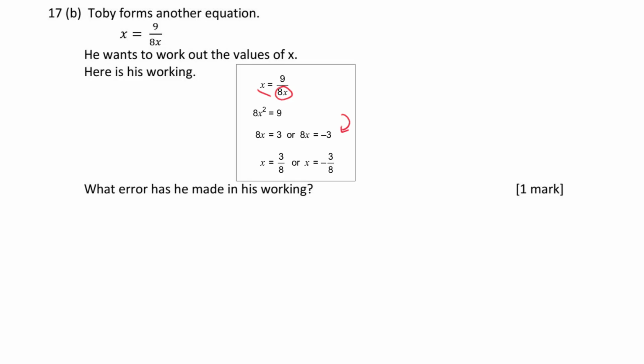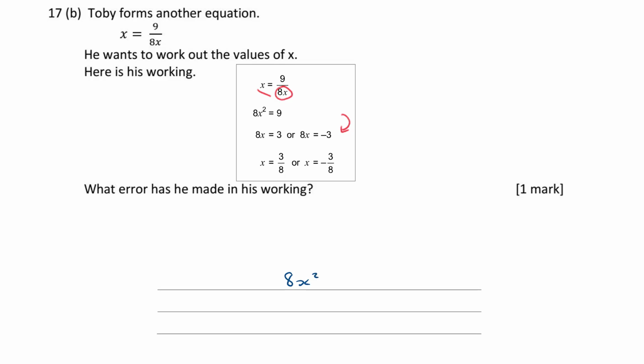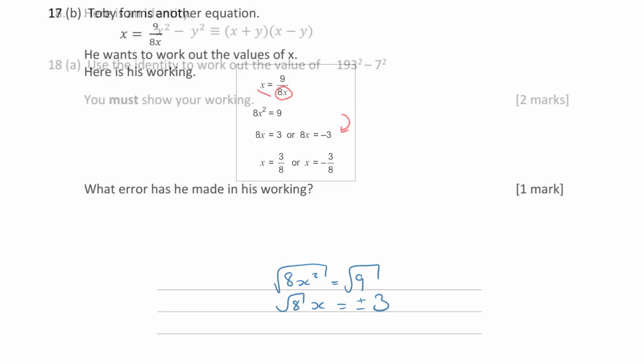But that doesn't work, because where he's got 8x squared is equal to 9, if you square root both sides, you're going to get root 8 x is equal to plus or minus 3. So it isn't going to be quite what he wants. He's written 8x, but it's actually root 8 times x. You have to root both bits. Okay, so that's where he went wrong.